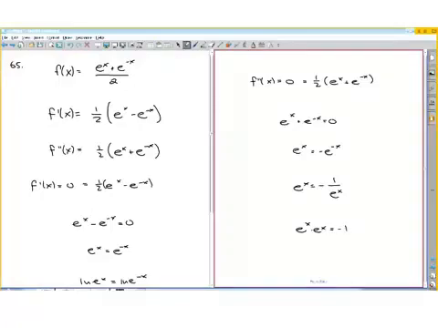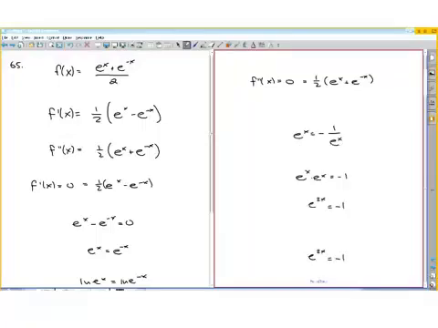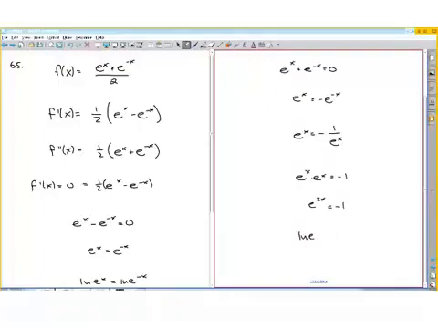So what do we get? We get e to the 2x is equal to -1. Now the problem is, if you take the natural log of both sides, you get the natural log of e to the 2x is equal to the natural log of -1, but that does not exist.